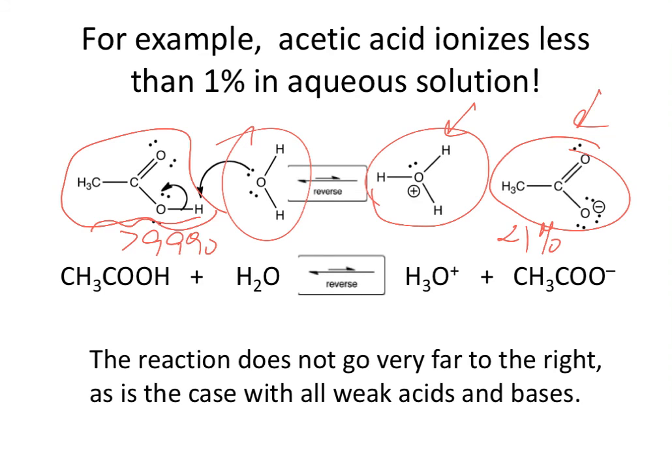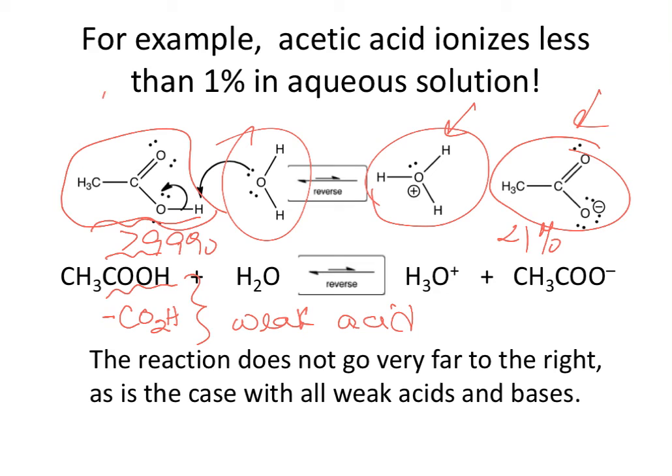And just as a side note, any compounds you see that end in COOH, which is sometimes condensed to CO2H, same thing, these are all weak acids. They're called carboxylic acids. You'll hear that if you take organic, but just a heads up, they're all weak acids.